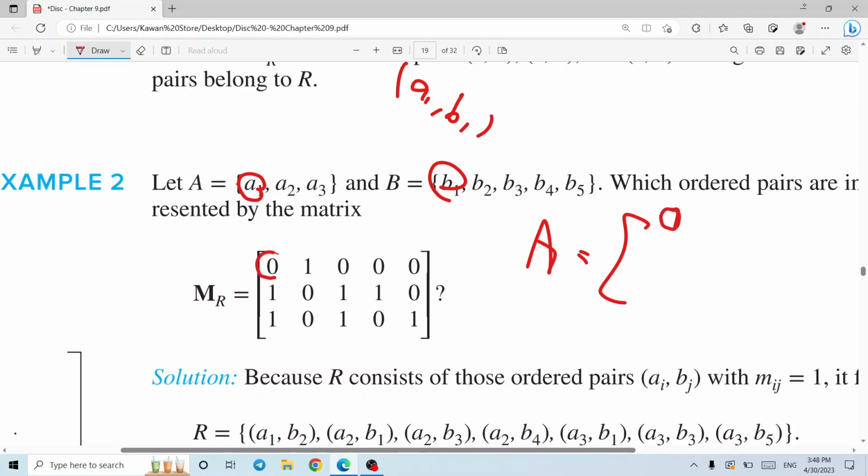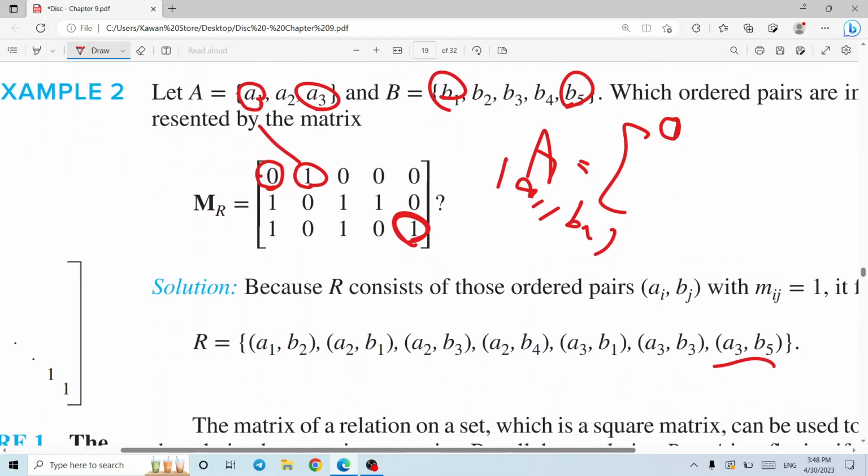So how about this one? I say that 0 means A1 and B1 are not in the relation. How about that one? I say A1 is in the relation with B2. That one means that. Now you got it? And go on. How about here? I say A3, B5 are in the relation. You got it, dear? Easy? Good.